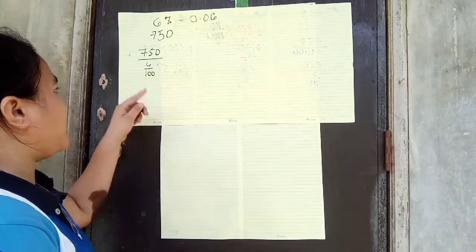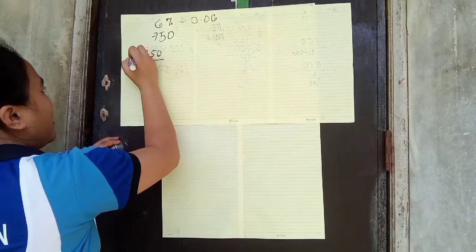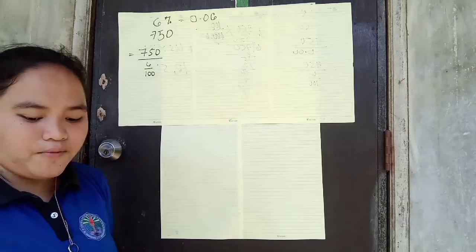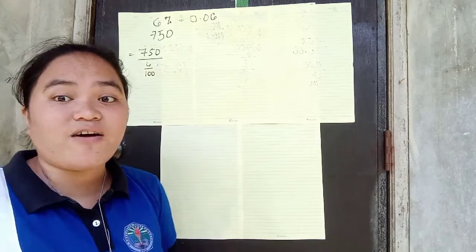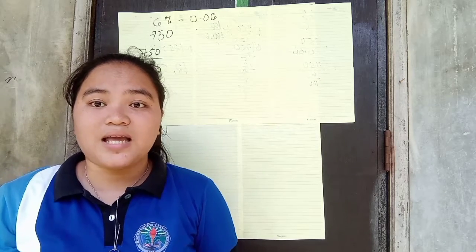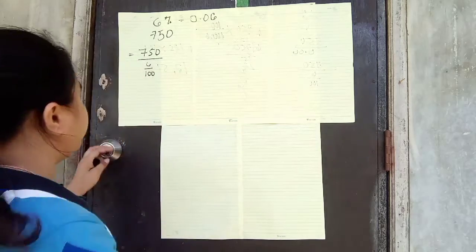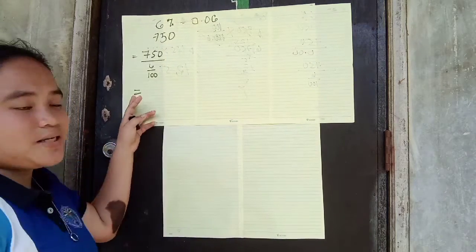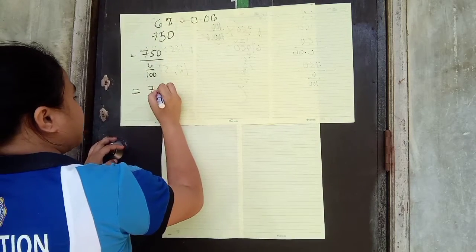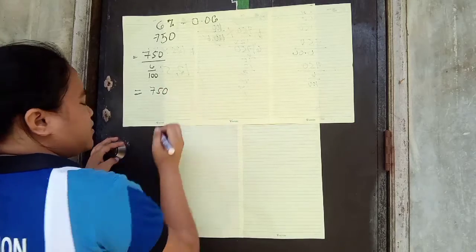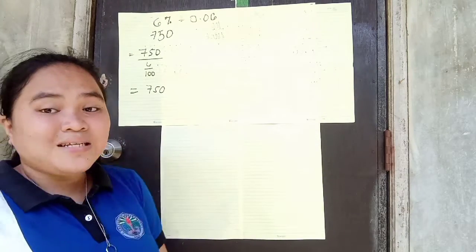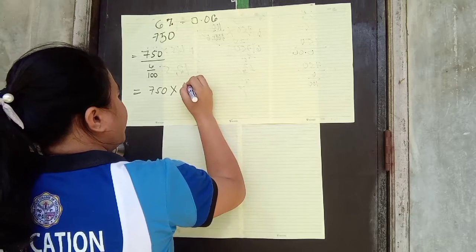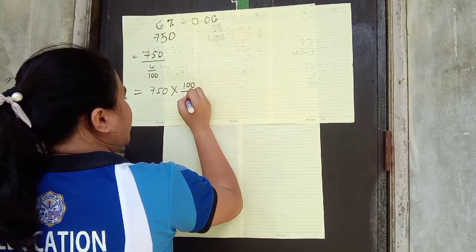Now, after converting the decimal point into fraction, we will divide a fraction by multiplying the reciprocal. Okay, ang mangyayari po dito is 750 times 100 over 6.